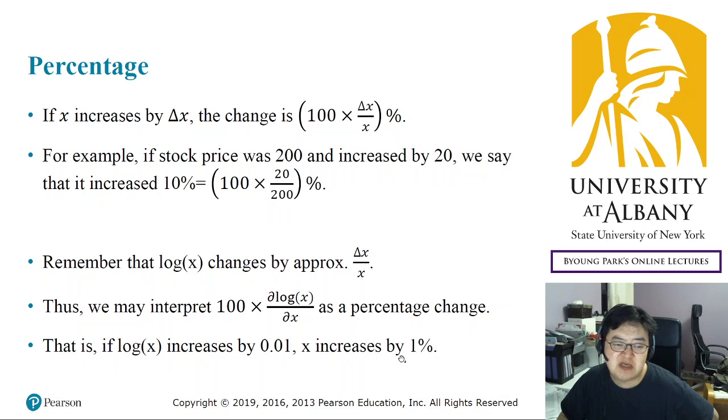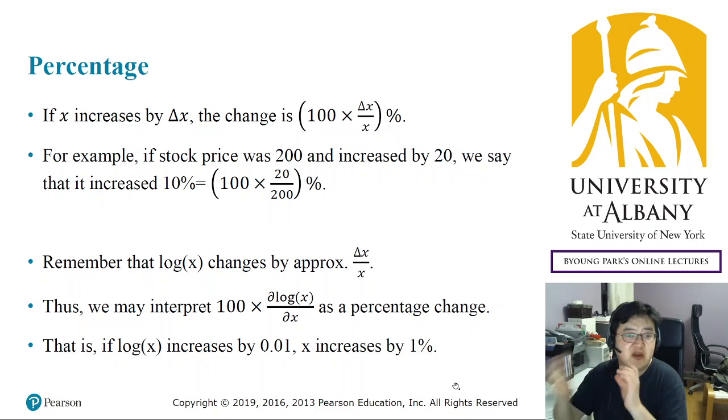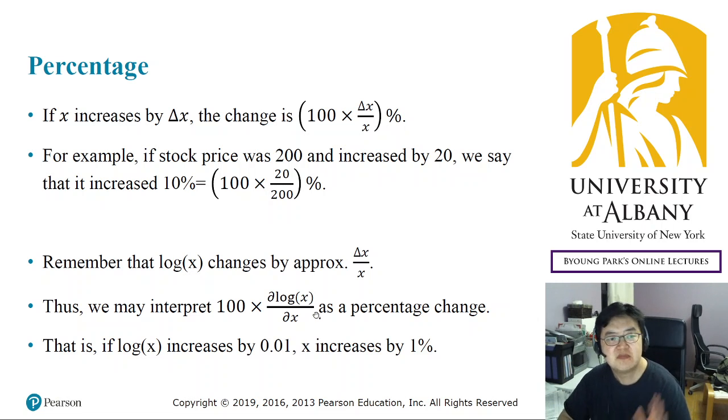So percentage becomes an absolute value, but you have to divide by 100. Or, proportionally, when log of x increases by 1 unit, it means the underlying x increases by 100%, right? This is the equivalent conversion between log x and x. Keep this in mind.